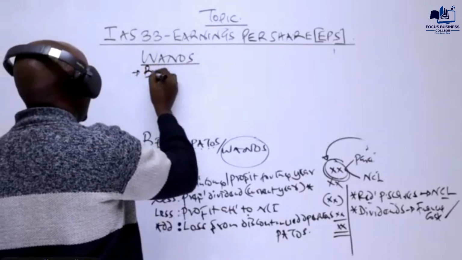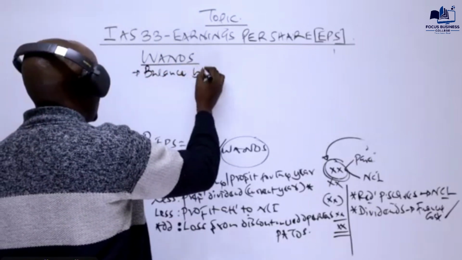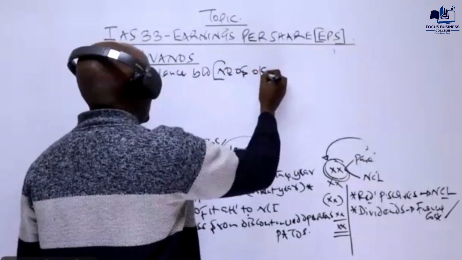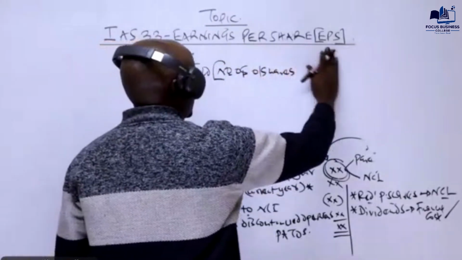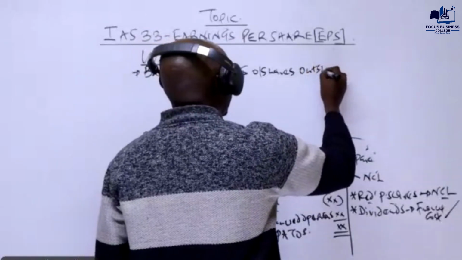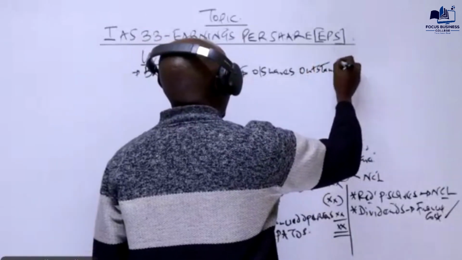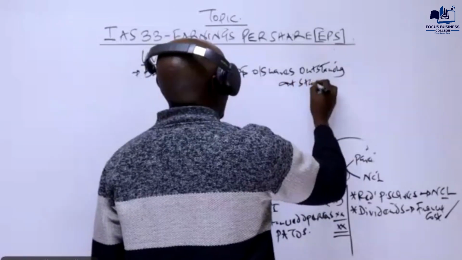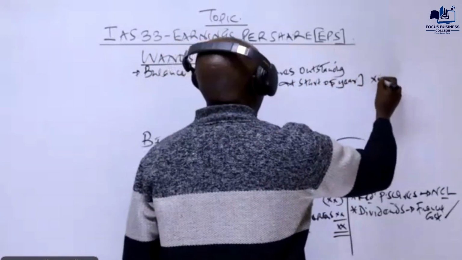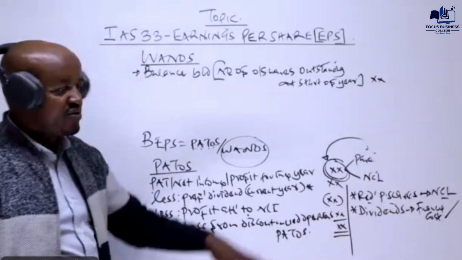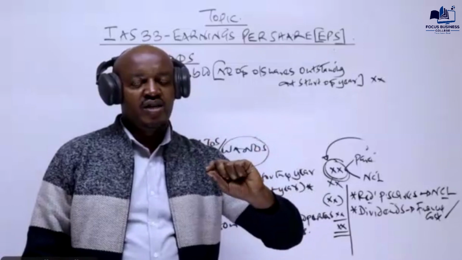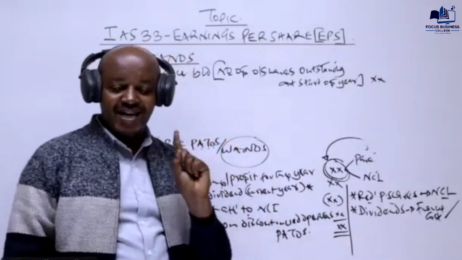The balance brought down basically refers to the number of ordinary shares outstanding at the start of the year. When we talk about the number of ordinary shares which were outstanding at the start of the year, this basically refers to the ordinary shares which were issued and fully paid at the start.